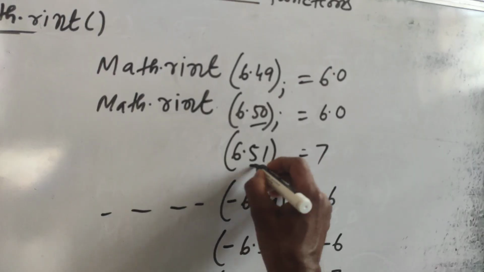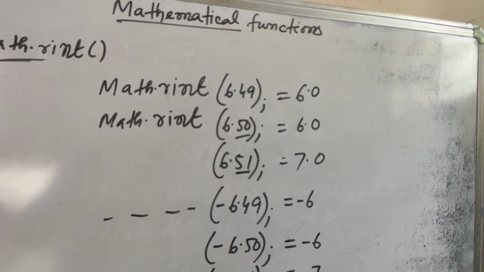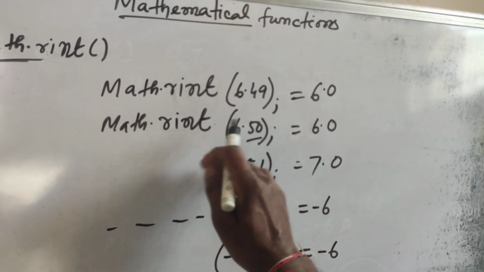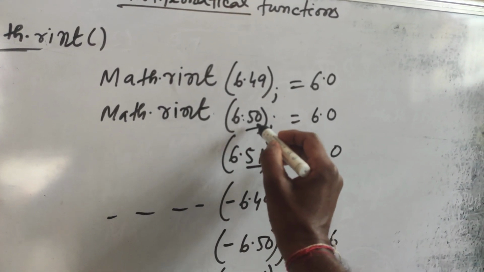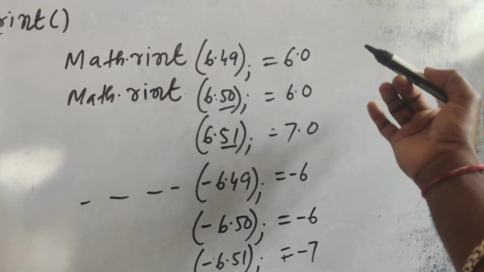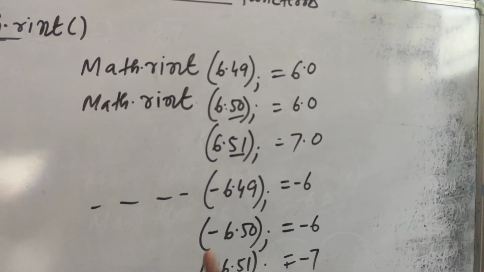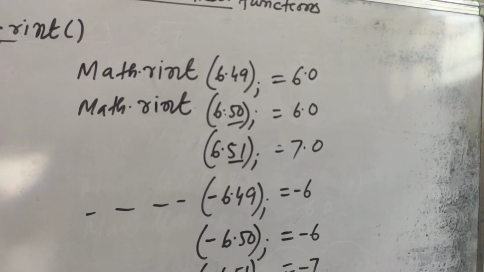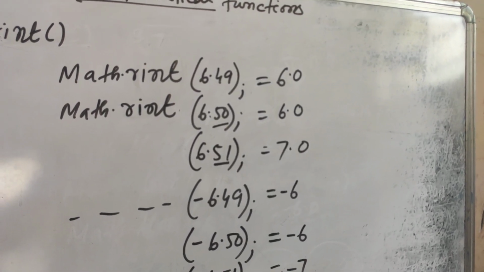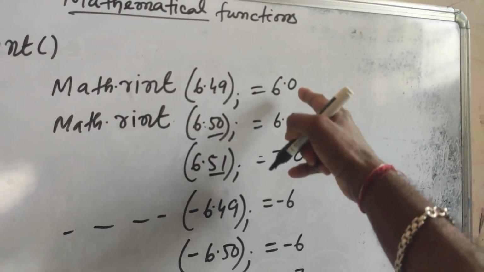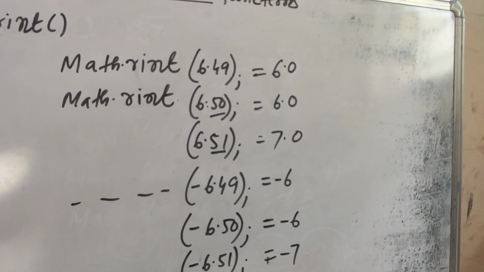If it is 6.51, then 7 will come. Rint and round, remember that. In round, 0.50 and above for a positive value gives the next integer. But for rint, if the decimal value is 0.51 and above, then the next integer, 7.0. And the resultant data type is always double.